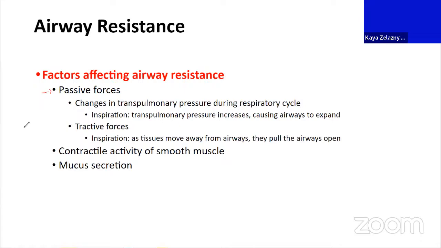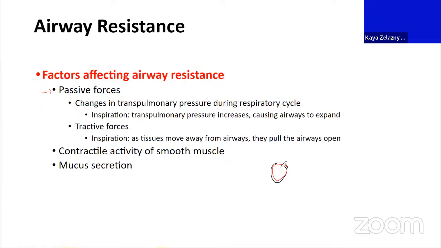We also have smooth muscle in the walls of our airways. So if we take a look, right, we're going to expect in cross-section to see literally a layer of muscle in our airway. Okay. So much of what we're going to be thinking about when we think about changes in resistance is going to be the state of that smooth muscle, right?